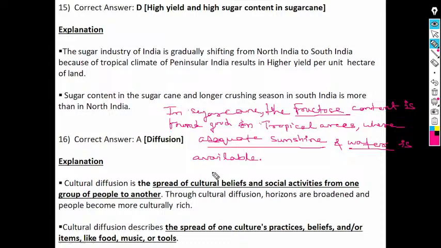Adequate sunshine and water are the two prime factors. Because of these two reasons, the fructose content is good in sugar cane.